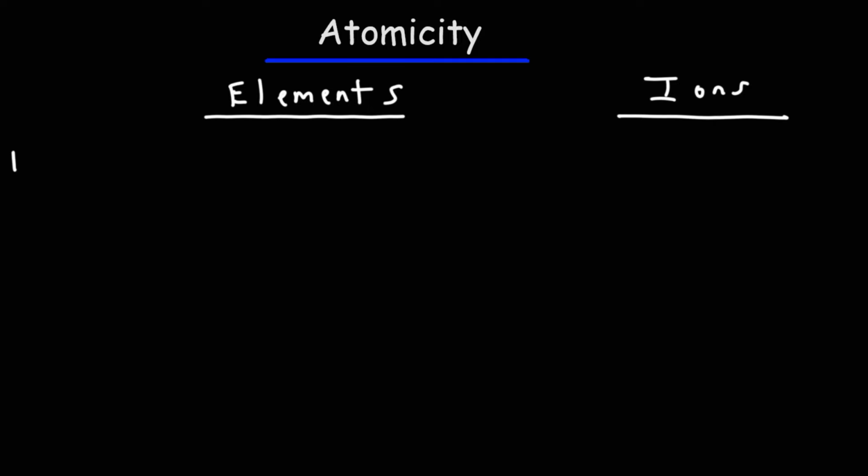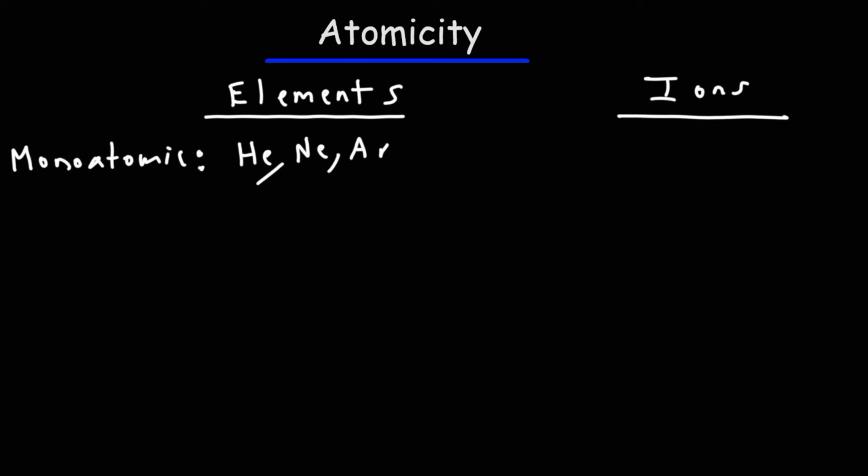Now let's talk about the monoatomic elements. So if you look at the prefix of the word monoatomic, mono means one. So monoatomic elements are like the noble gases, helium, neon, argon. These elements are made up of individual atoms.